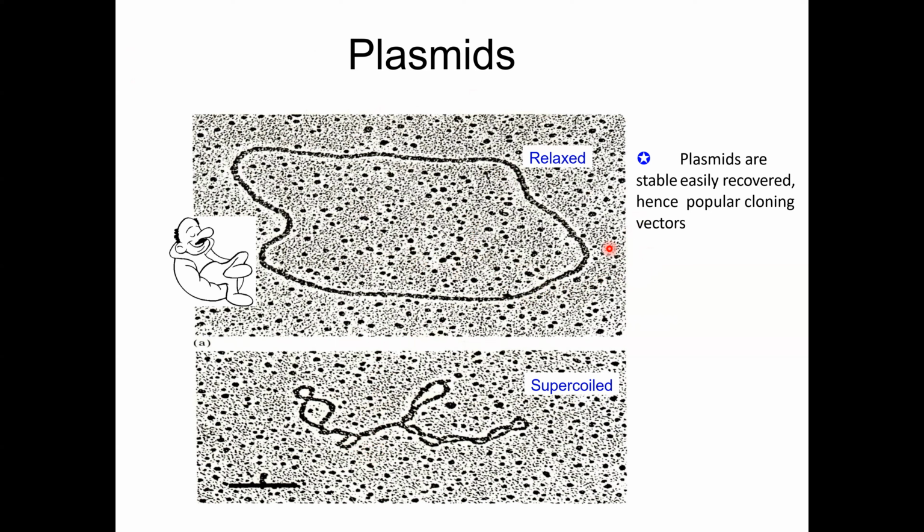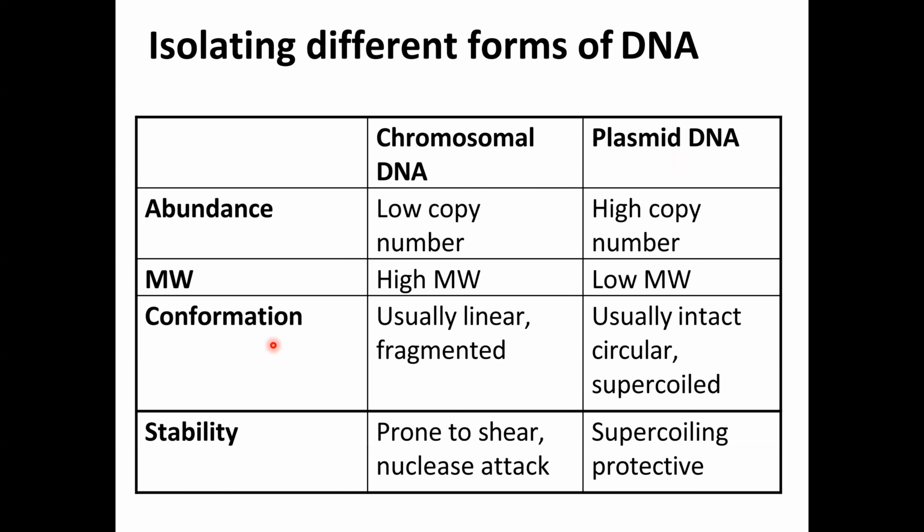You have here chromosomal DNA and your plasmid DNA. In terms of abundance, your chromosomal DNA is in low copy number, whereas your plasmid DNA is in high copy number. In terms of weight, chromosomal DNA is high molecular weight, whereas your plasmid DNA is low molecular weight.